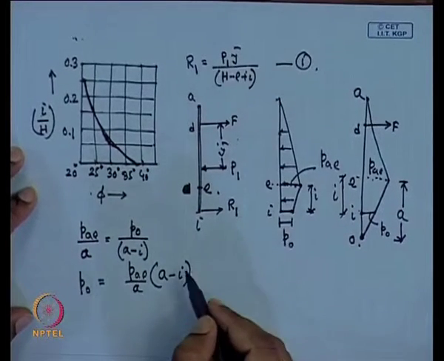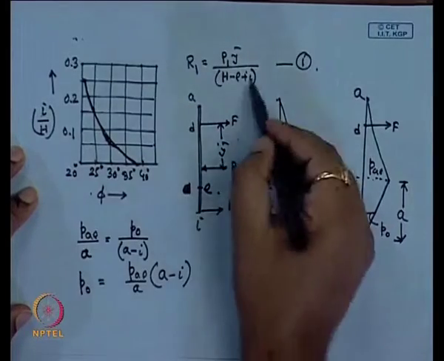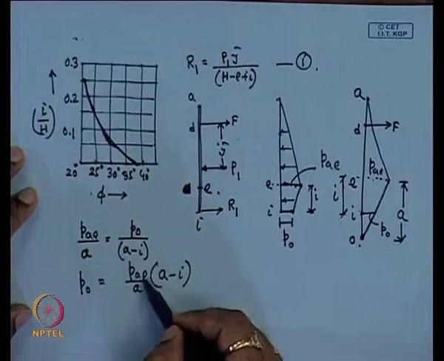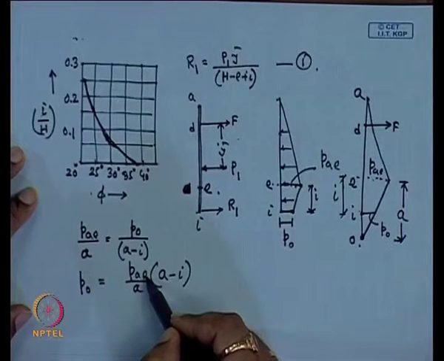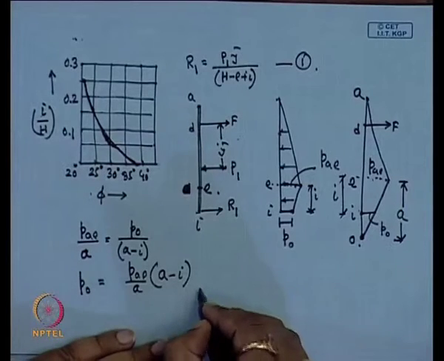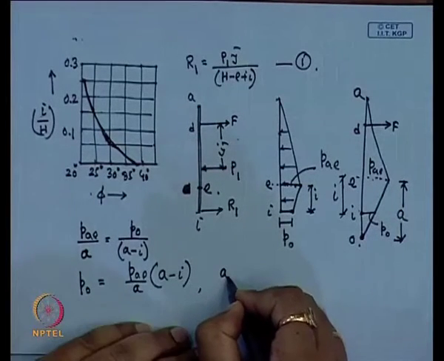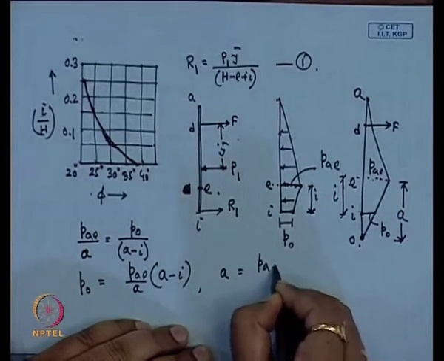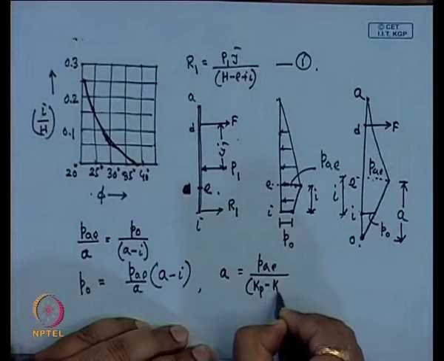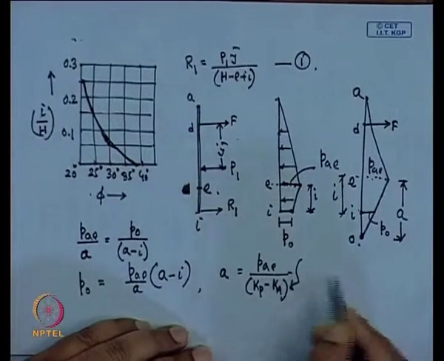Once we get this I value, our P A E is known, then A is known, and how will we calculate this A? A is simply that expression: P A E divided by Kp minus Ka into gamma.